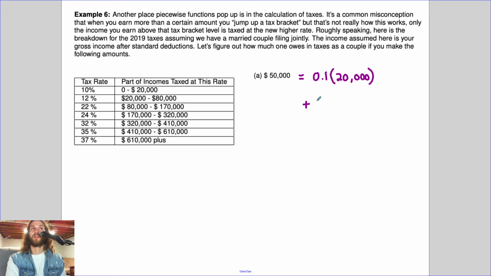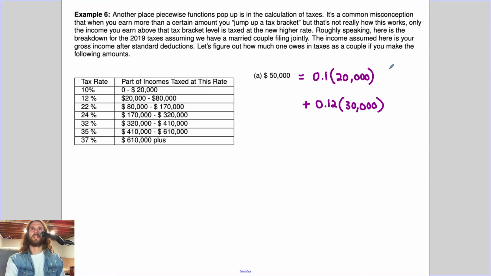So they're going to pay 12%, which is 0.12, on the next $30,000. So effectively what I've just done is I've taken the 50 and broken it up into two chunks, one for 20, one for 30. The first 20 gets taxed at 10%, and the next 30 gets taxed at 12%.